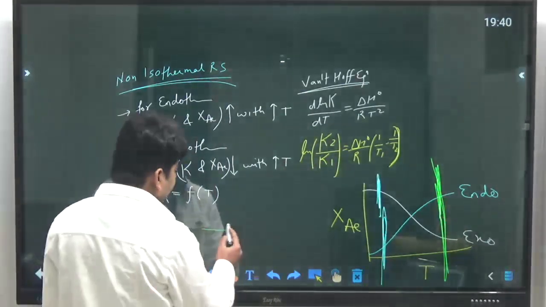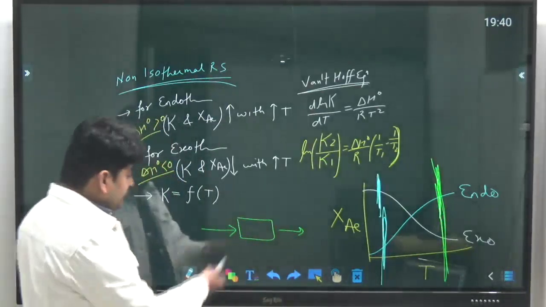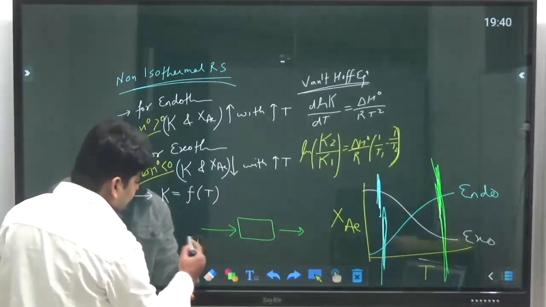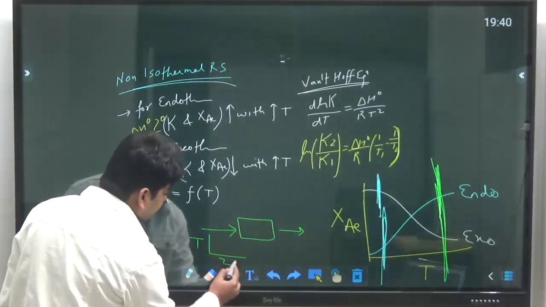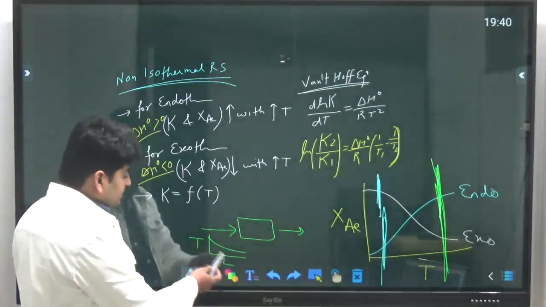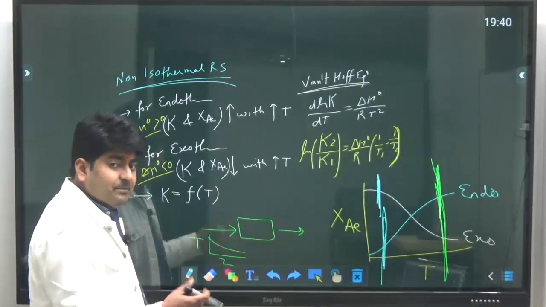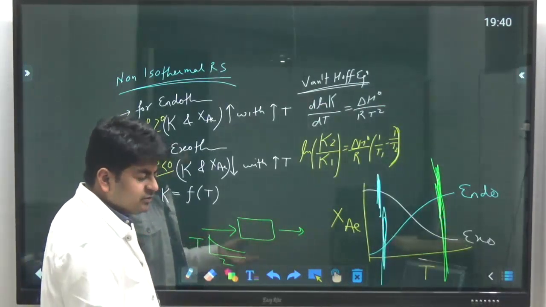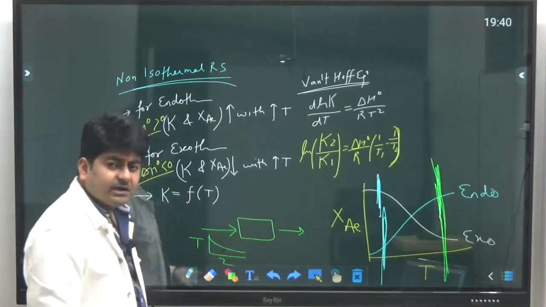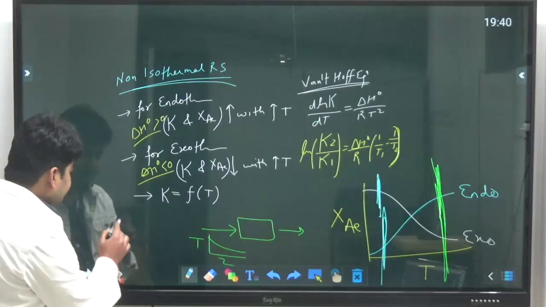And one more thing should be clear to all of you, that if I talk about a PFR, let's say, and in PFR, it is given that the temperature profile along the length is decreasing. Suppose temperature profile along the length is decreasing. Temperature profile is given and temperature is decreasing along the length. Then what will be the conversion?